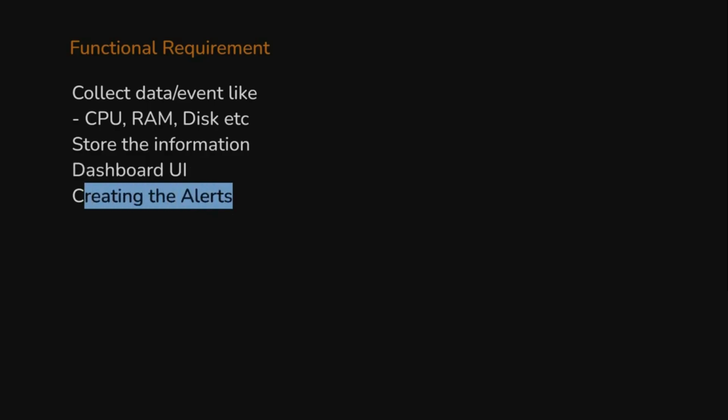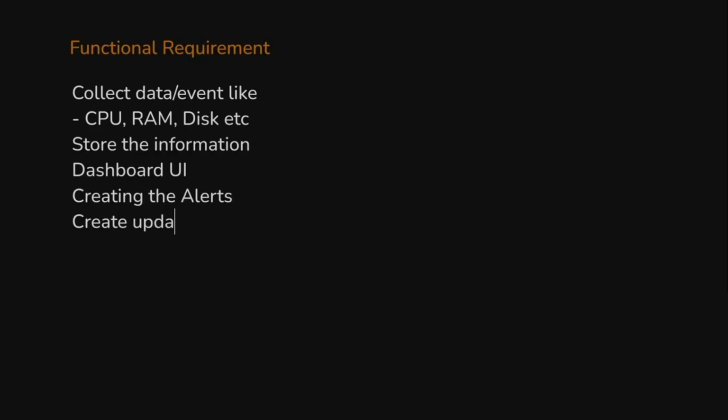And when a threshold is reached for RAM or CPU utilization which needs intervention from these stakeholders, we can create alerts based on the rules defined by these users. So let me add the rules as well. Create, update the rules for these alerts.